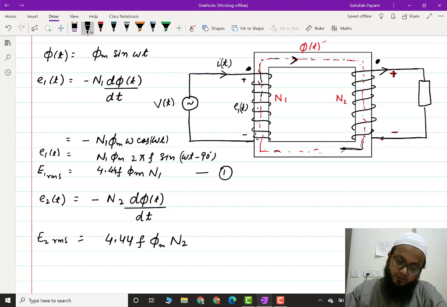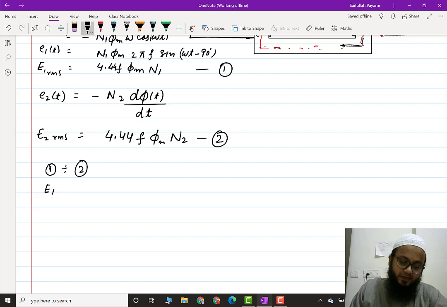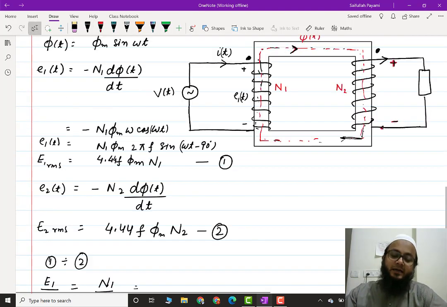So this is expression one and this is expression two. Dividing 1 by 2, E1 upon E2 is N1 upon N2. So the ratio of the RMS primary and secondary voltages is N1 upon N2. It depends upon the number of turns of the winding.